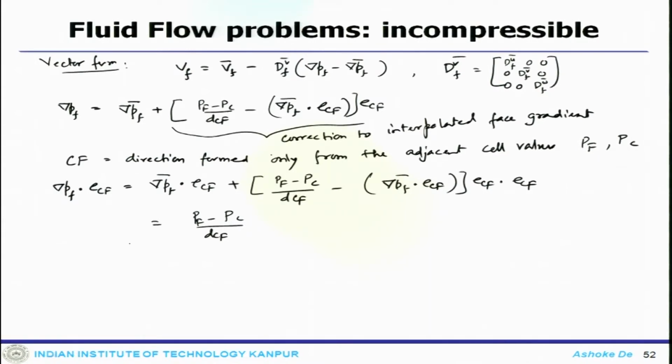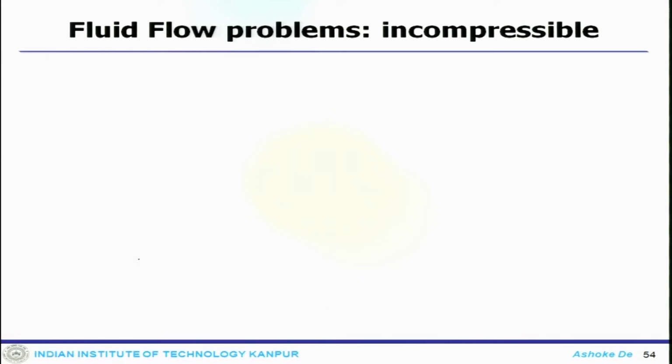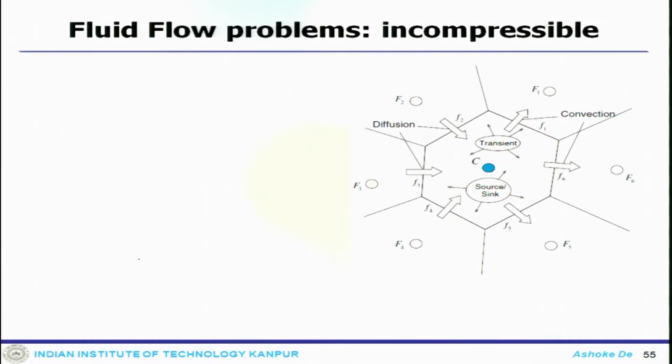Now, before we derive the multidimensional momentum equation and multidimensional pressure correction equation, one can look at some sort of a discretization of the momentum equation, the discrete momentum equation. So, let us consider this element, which is a very standard unstructured element, element C, where the cell center is there.